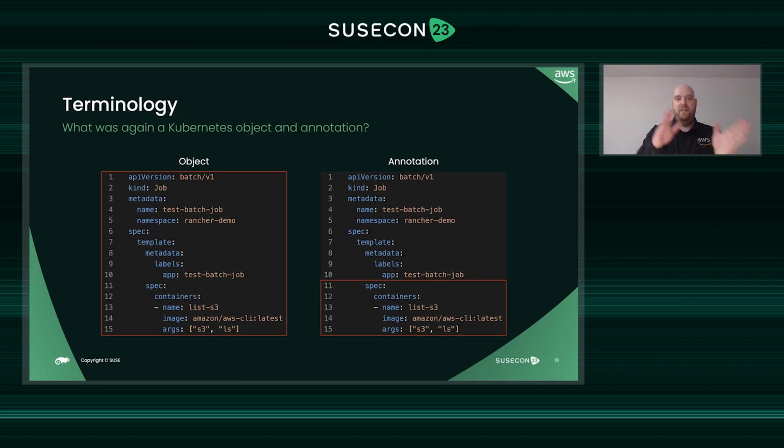That's what we see on the right side. These are key value pairs, and they are attached to such a Kubernetes object. They can be retrieved by a client, by an application inside a container. And that way, they are used to extend functionality or to perform additional configurations.